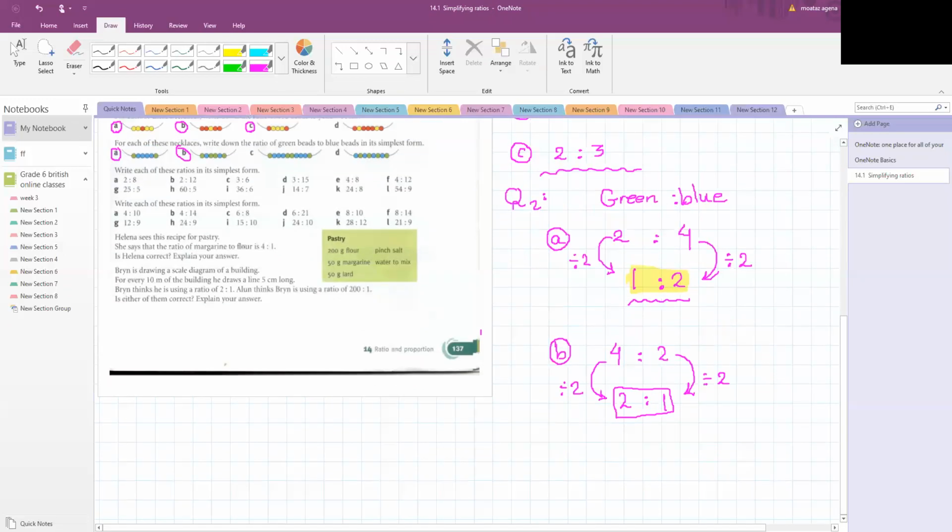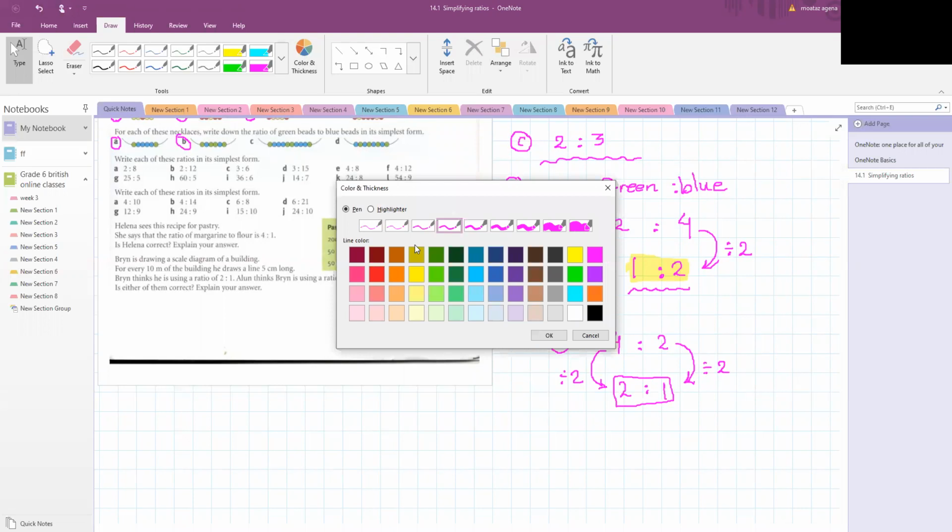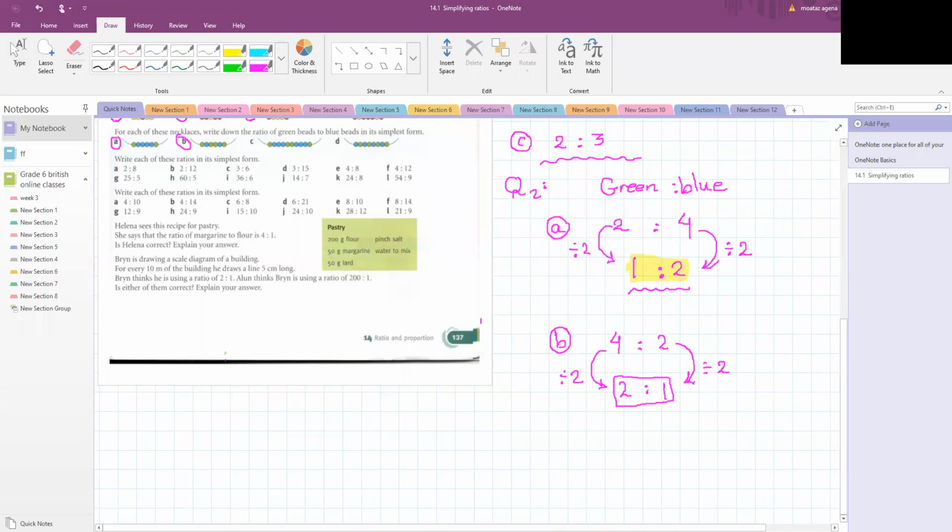Question C. Let's write the ratio of green beads to blue beads. So first you have to write green to blue.